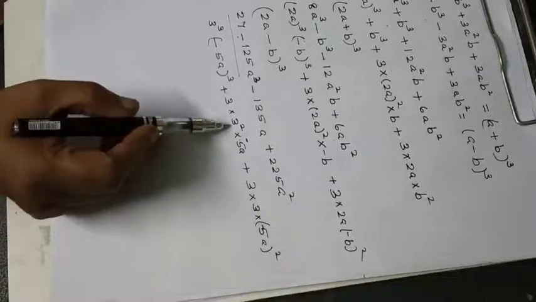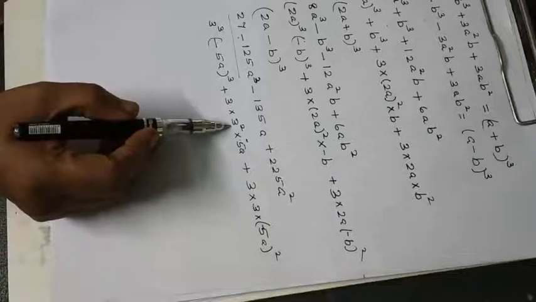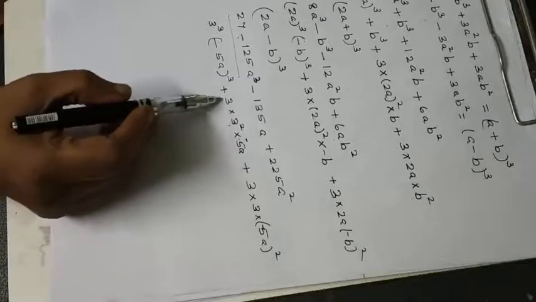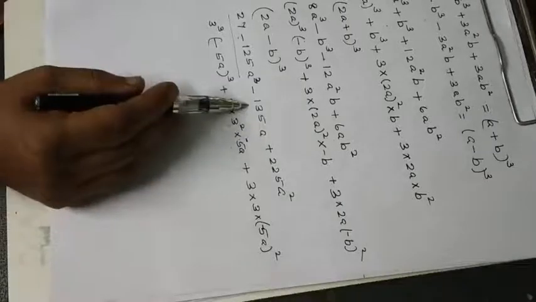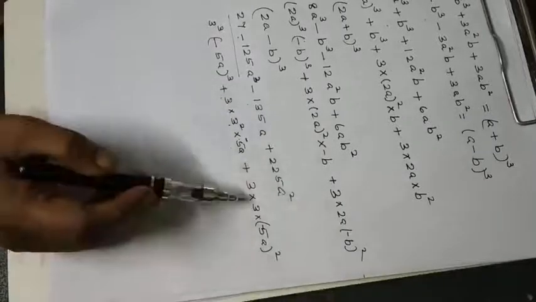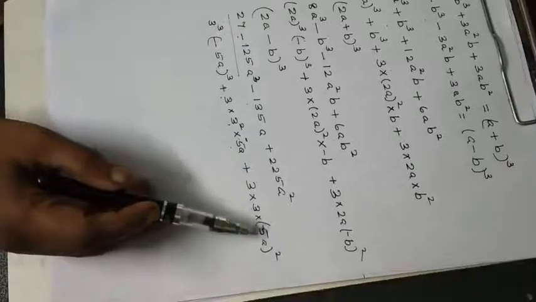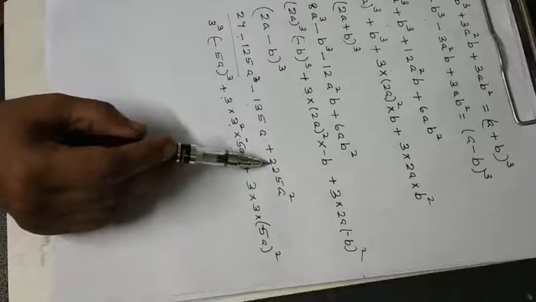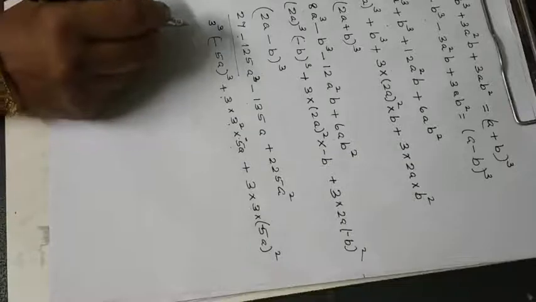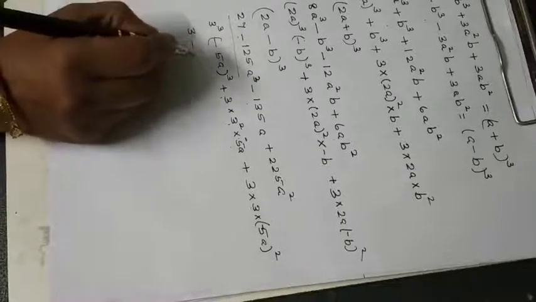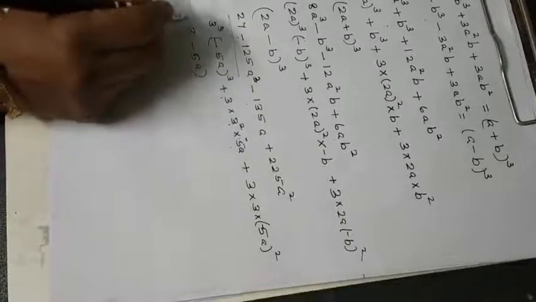So 3 square is 9, 9 into 3 is 27, 27 into 5 is 135, then here 9 into 25 is 225. So again you can write as 3 minus 5a the whole cube.